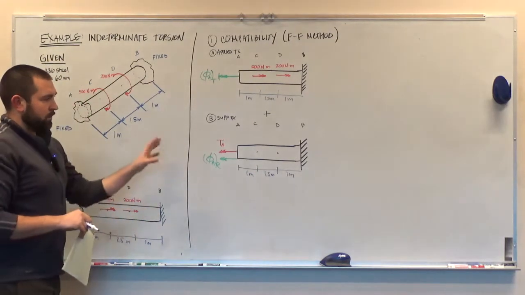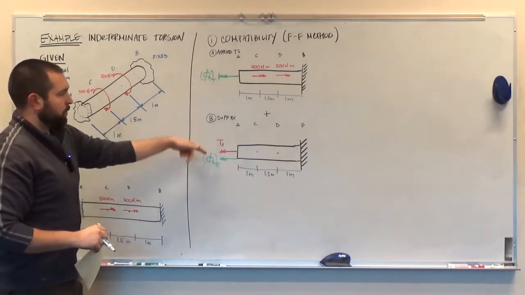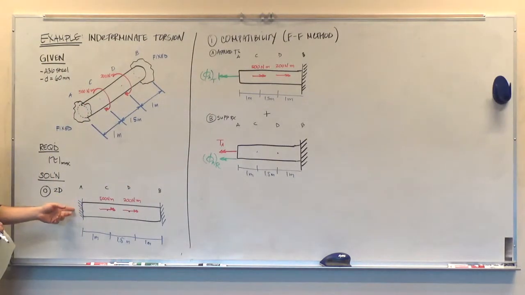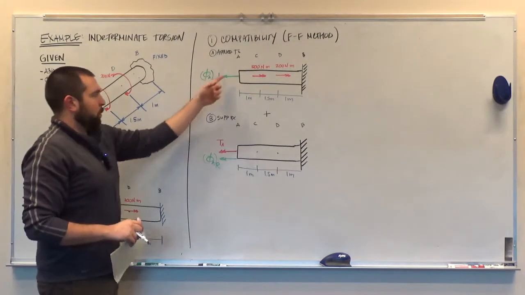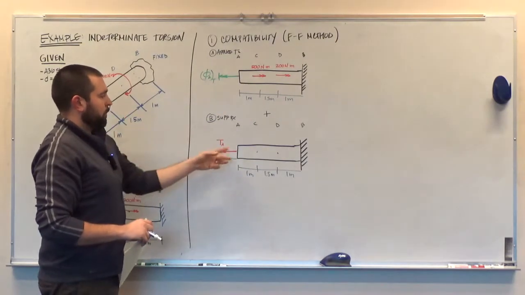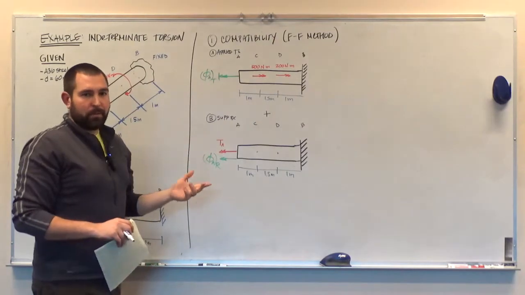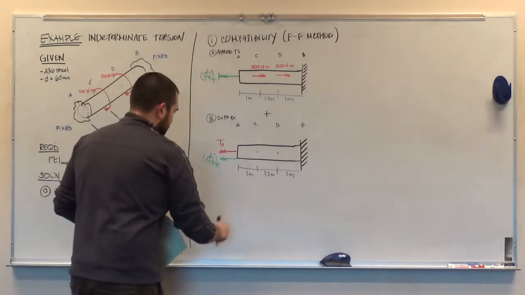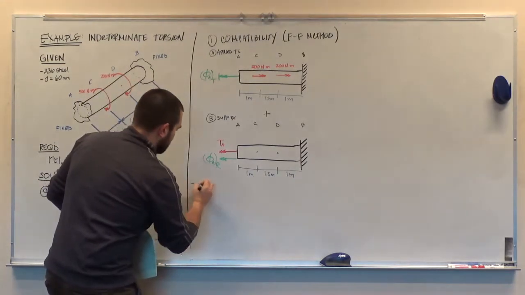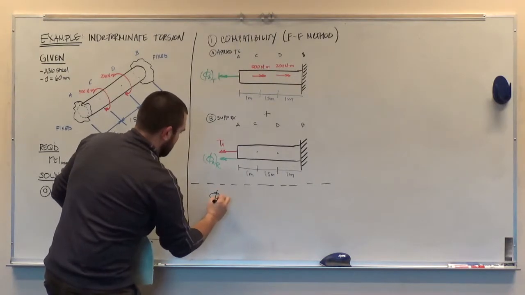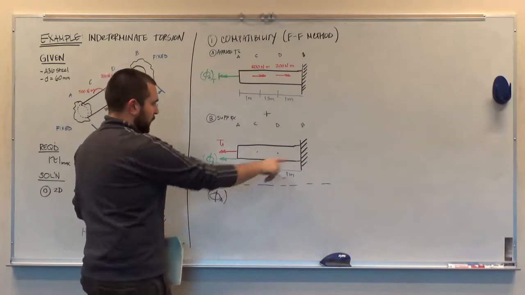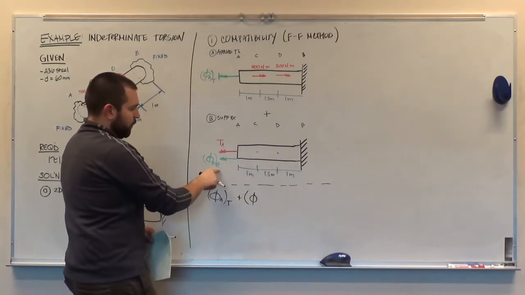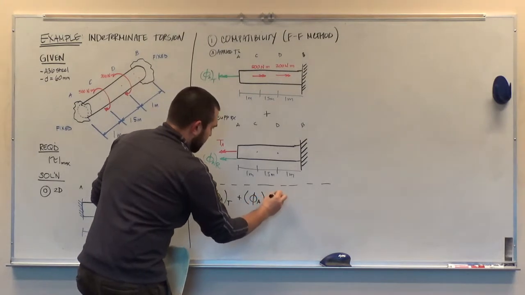So before we start calculating any torques with this system, we need to figure out the relationship between both of these so that they superimpose, so they add up to have 0 displacement here at A, 0 angle of twist here at A. And so the way that we do that, we know that if I were to add up both of these angles of twist here, they would have to add up to 0 because that's the known condition of the angle of twist here at A relative to B. And so basically the compatibility condition itself is the angle of twist at A, implicitly the angle of twist of A relative to the support due to the externally applied torque, plus the angle of twist at point A due to the support reaction R. Those have to sum up to 0.